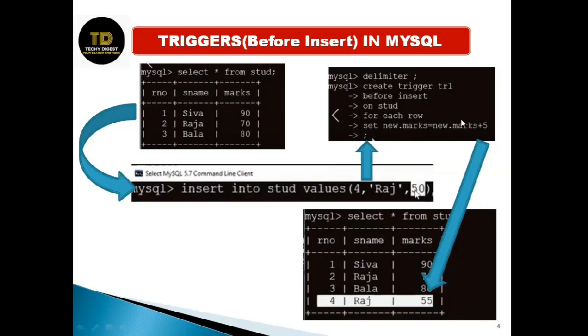That means the data 50 will be added with 5. That is, the trigger will be executed, so the total 55 will be updated and inserted into the table student.